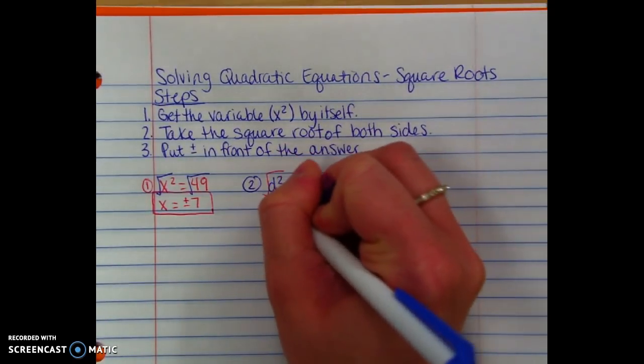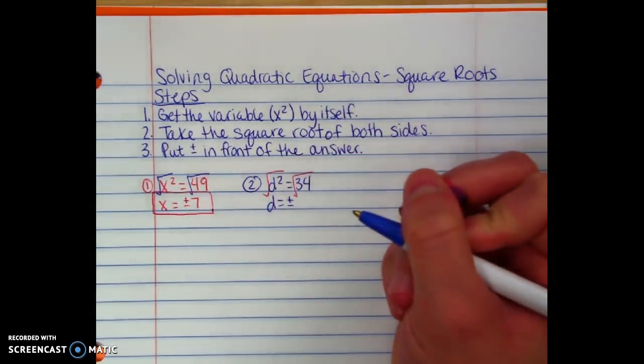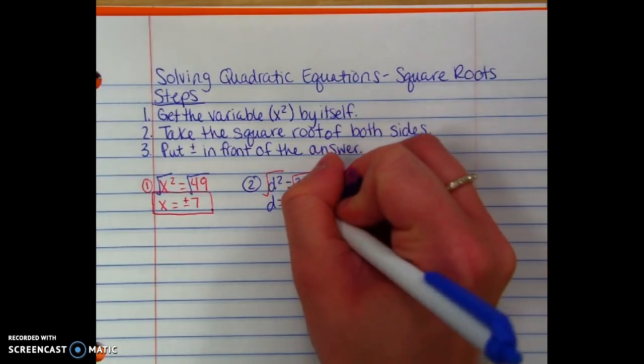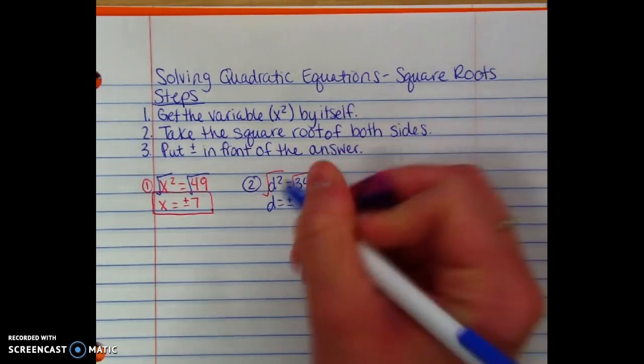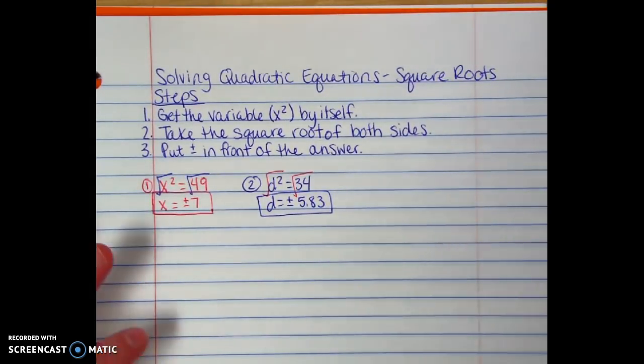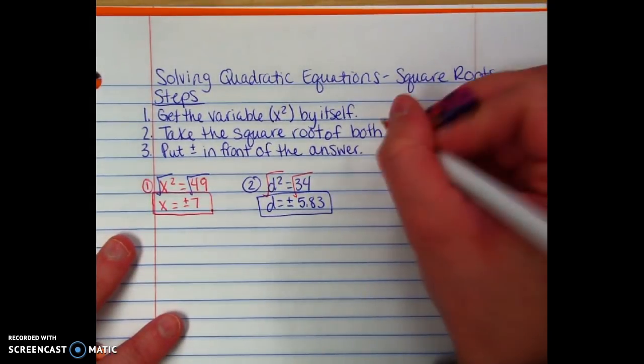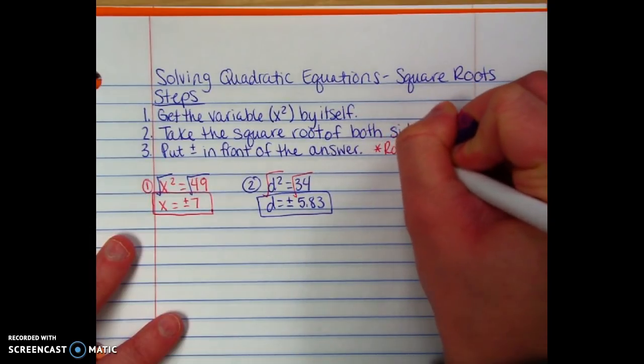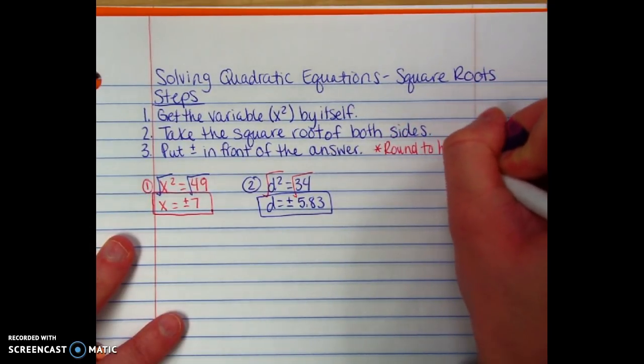So d equals plus or minus 5.83. And you might want to write somewhere, round to 100th.